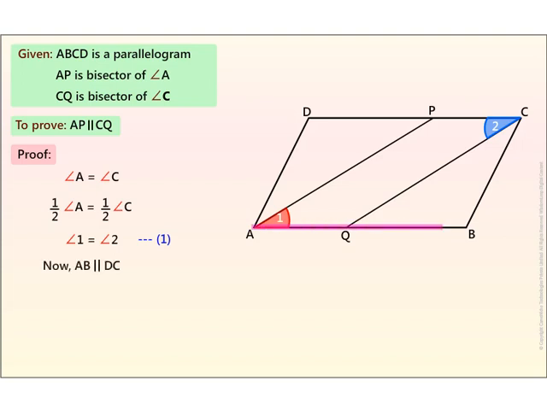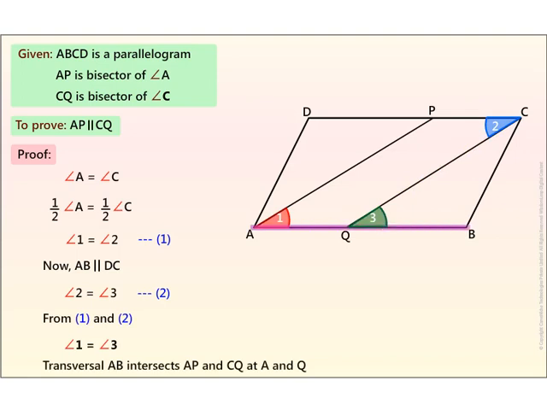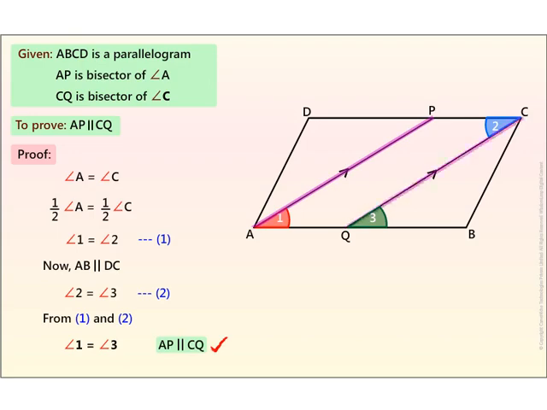Now, AB is parallel to DC and CQ is a transversal. So, angle 2 is equal to angle 3. From 1 and 2, we get angle 1 is equal to angle 3. Transversal AB intersects AP and CQ at A and Q, such that angle 1 is equal to angle 3. Corresponding angles are equal. So, AP is parallel to CQ.